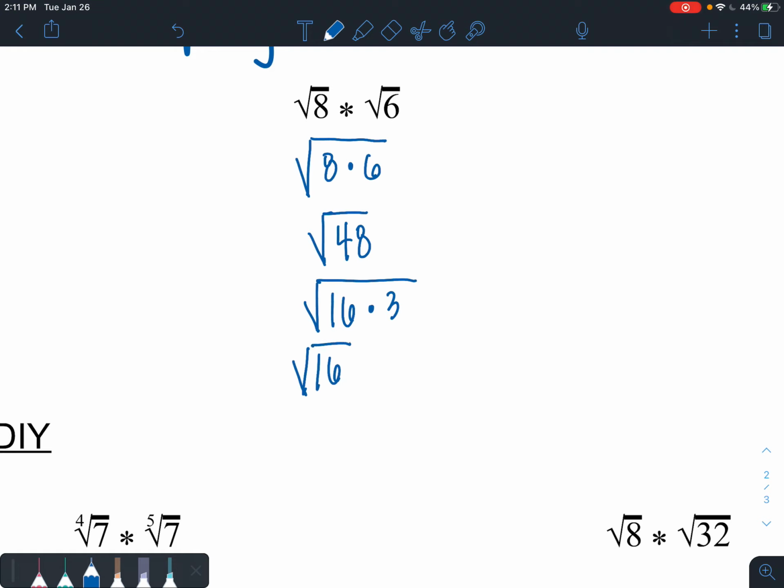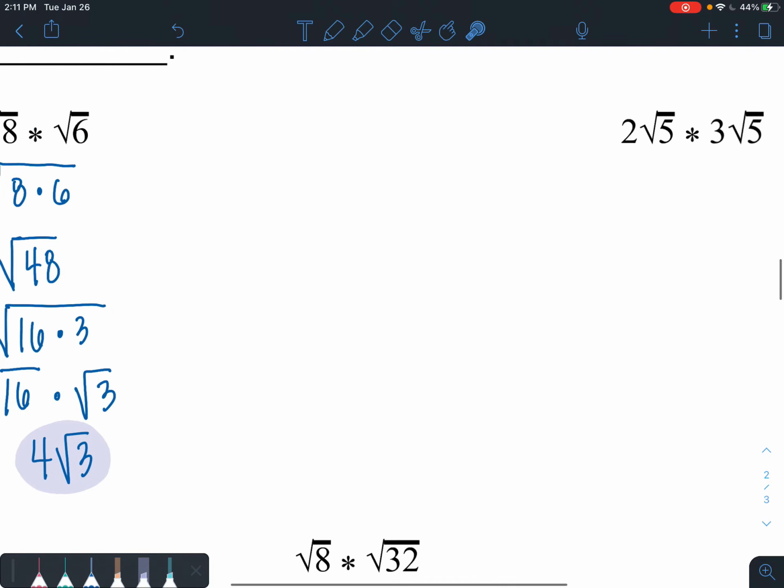So we have the square root of 16 times square root of 3, which gives me 4 radical 3 as my answer. It's funny because we split them, we put them together, and then we split them up again in order to simplify them.